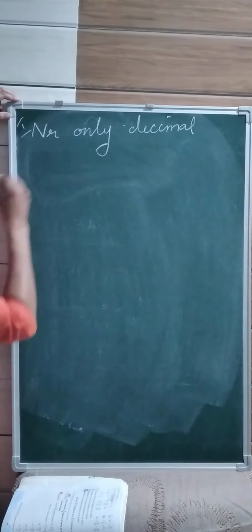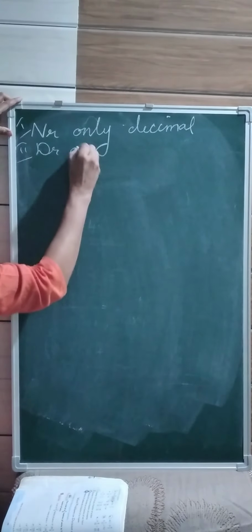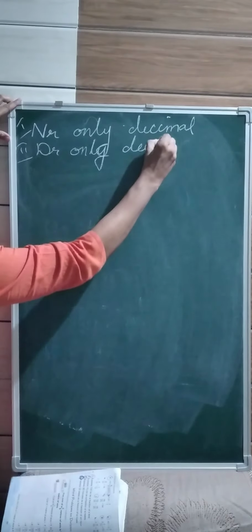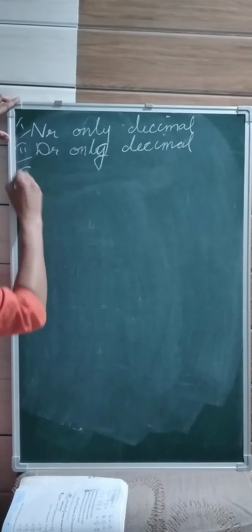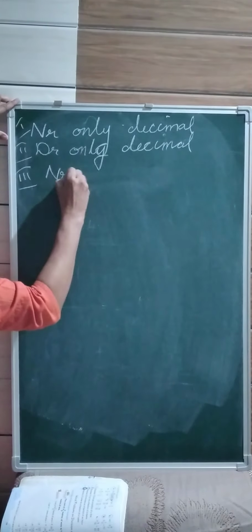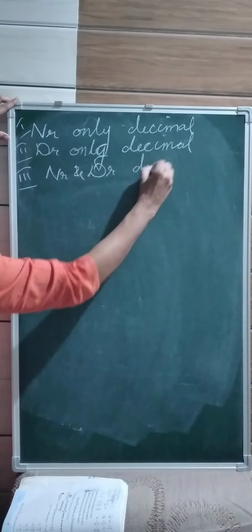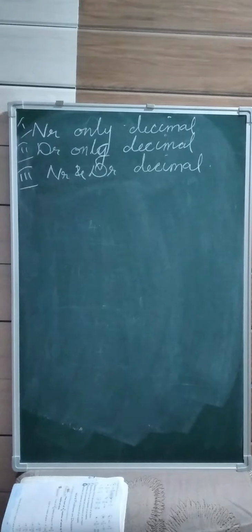Second case, only the denominator a decimal. Third case, both, that means numerator and denominator both are decimals. Three cases are coming for the division.